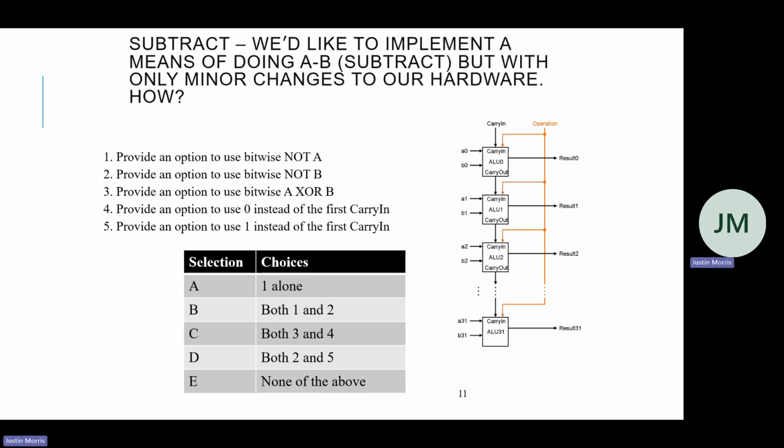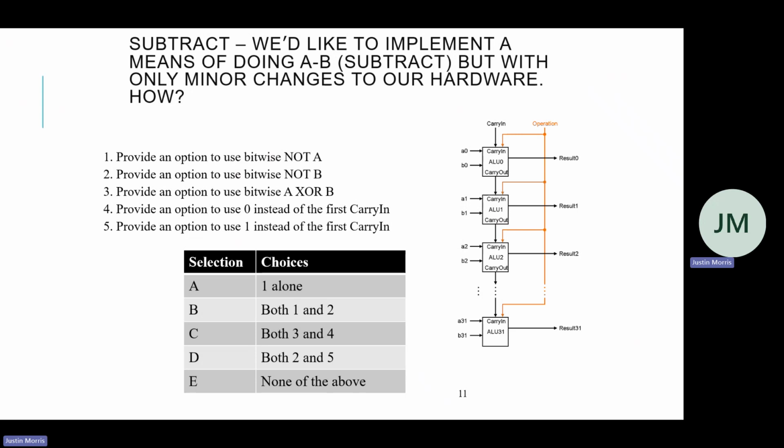All right, so the next step to adding functionality to this ALU is if we want to add subtract to it, what's the new hardware that we would need to implement this?